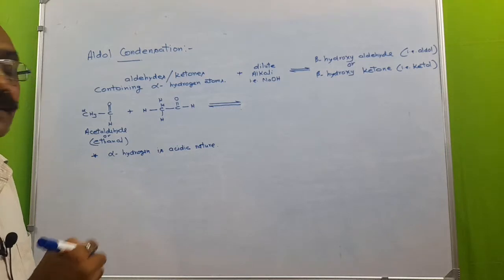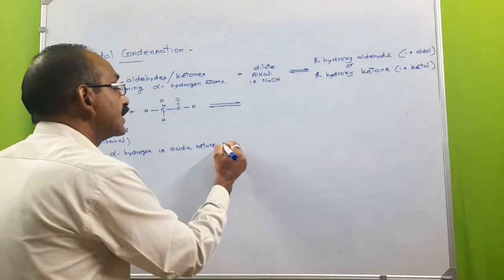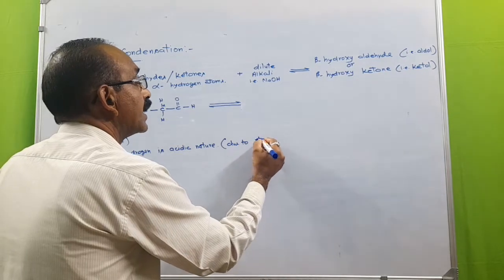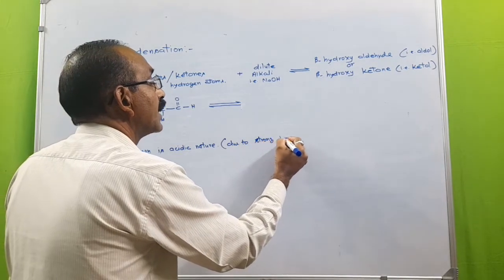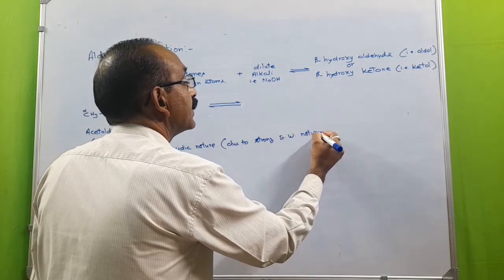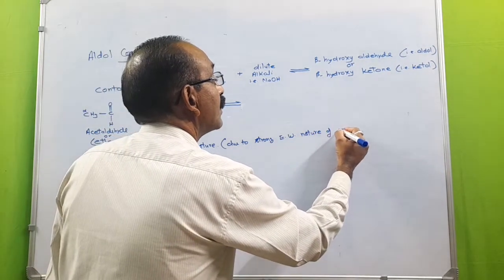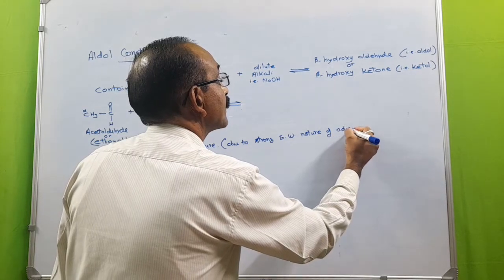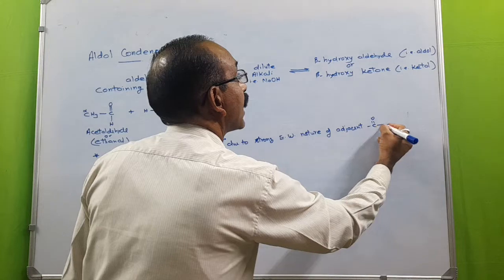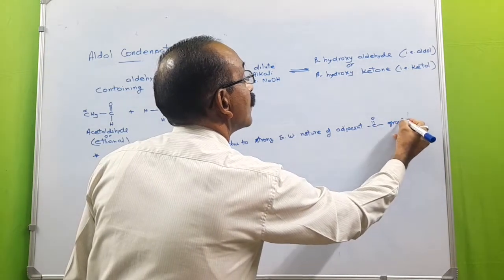Why is it acidic? It is acidic due to the strong electron withdrawing nature of the adjacent carbonyl group.